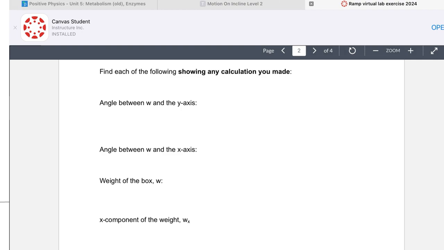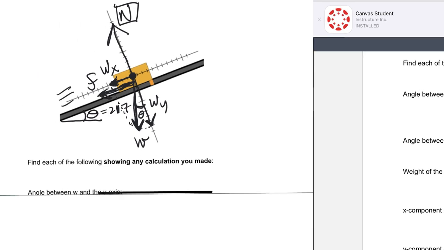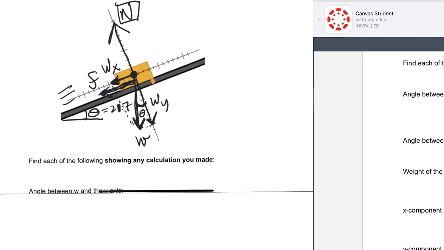Okay, so what's the angle between the weight and the y-axis? Well, for me, it's the ramp angle. For everyone, it's the ramp angle between the weight right there and the y-axis right here, this thing going across like that.